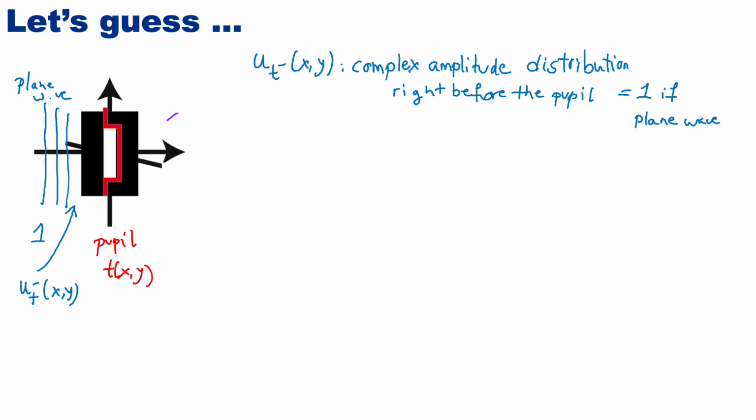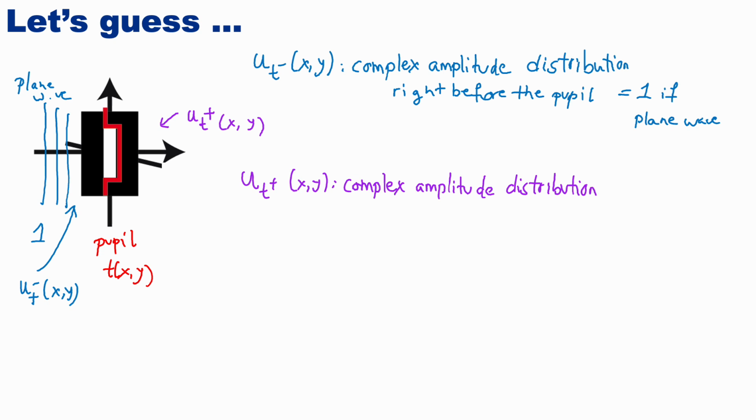And what we have right after our pupil, at any different plane, but just right after our pupil, u sub t plus is gonna be the complex amplitude distribution right after the pupil, and the distribution that we have right after the pupil is gonna be what we have right before the pupil multiplied by the pupil transmittance.